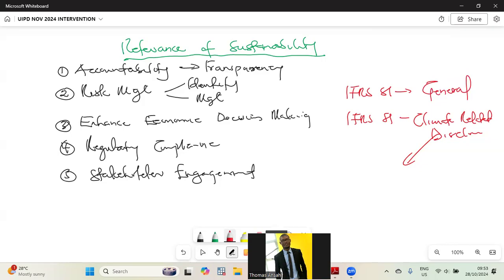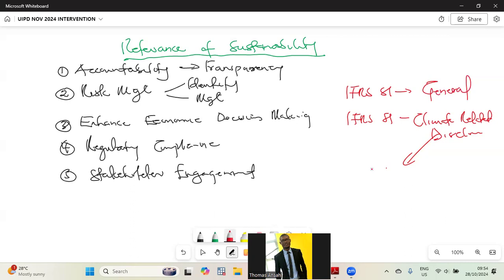So there are general disclosures you are doing, but IFRS S2 is between you and the climate. It is purely about the climate. So tell us what you are doing and your industry-based metrics to measure all the things that you are doing.